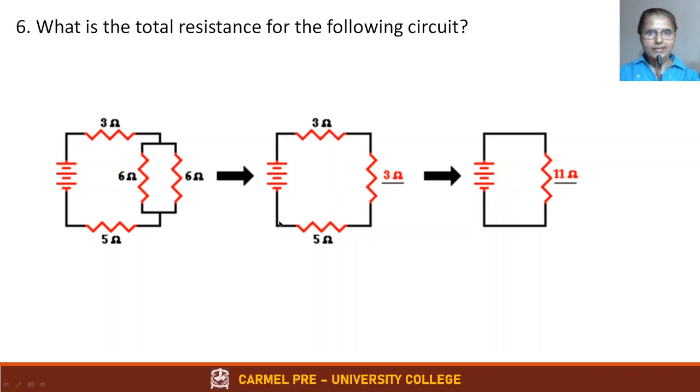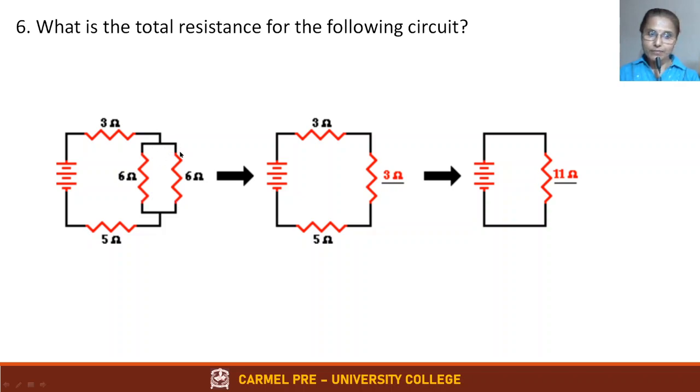How do you recognize if they are in series or parallel? When they are in series, the same current flows. See, if it starts from here, it flows like this. That is when you decide the resistors are in series. How do you know they are in parallel? For example, if the current comes here and at this junction it divides, it has to go here also, it has to go here also.